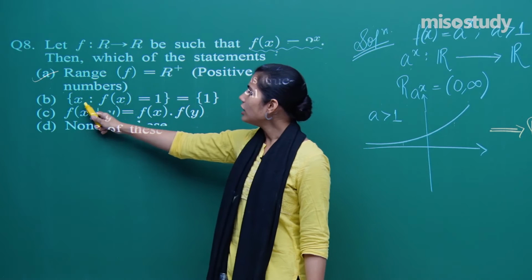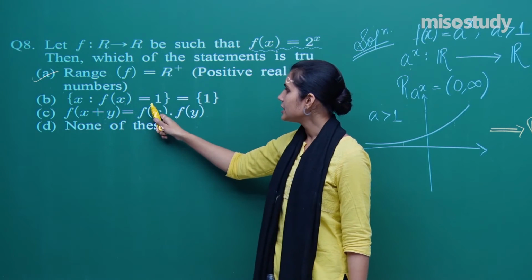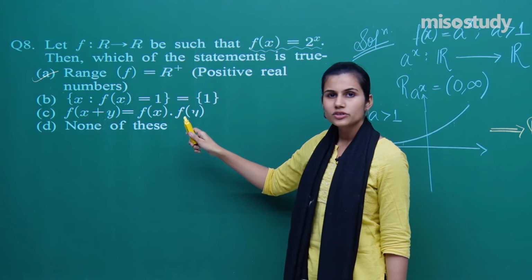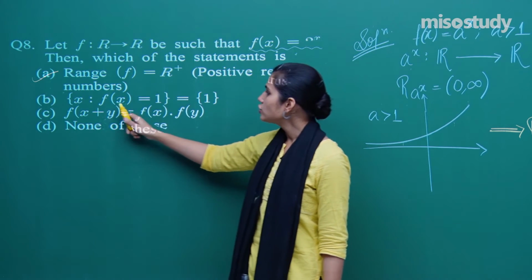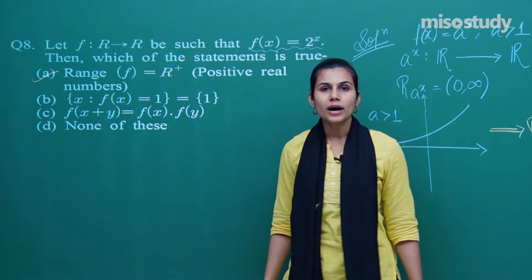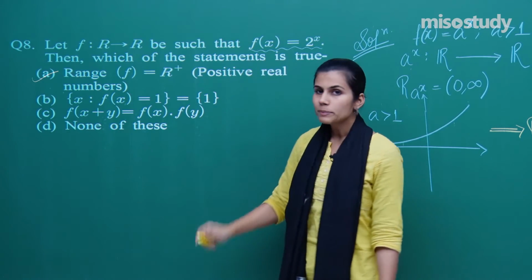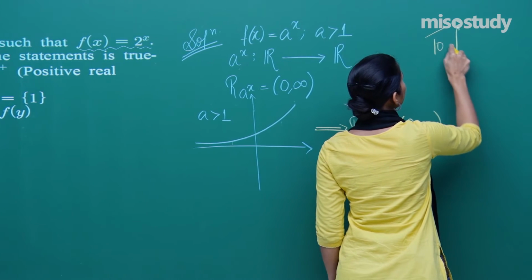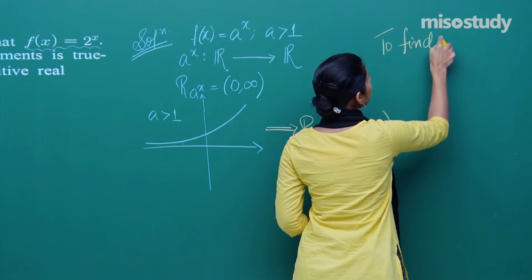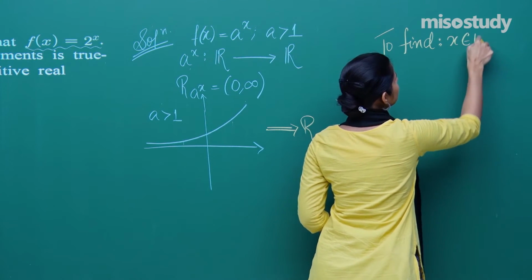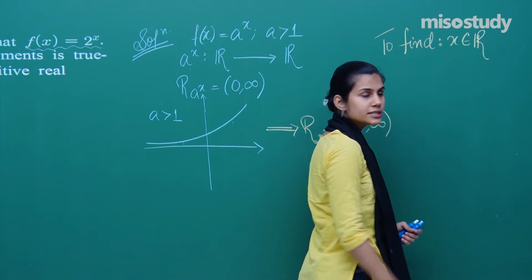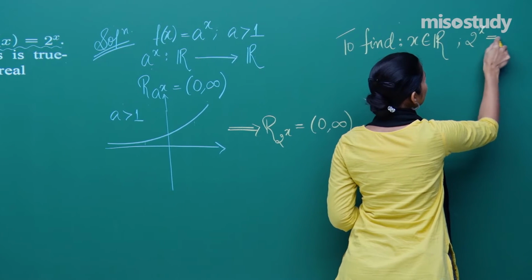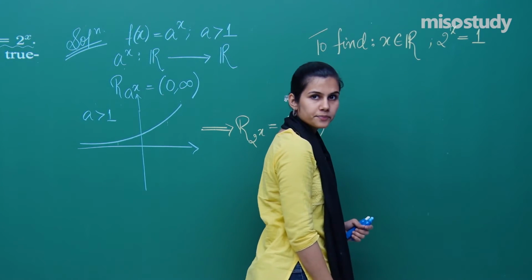Option B is saying all those x for which f(x) is equal to 1 is the singleton {1}. Which are those real numbers to which f is assigning the value 1? Here f is given by 2 to the power x. I have to find those x which are sitting in the collection of all reals for which f(x), which is 2 to the power x, is 1.